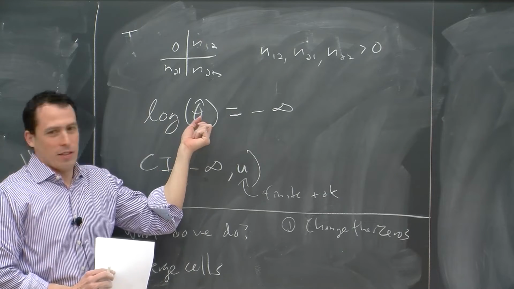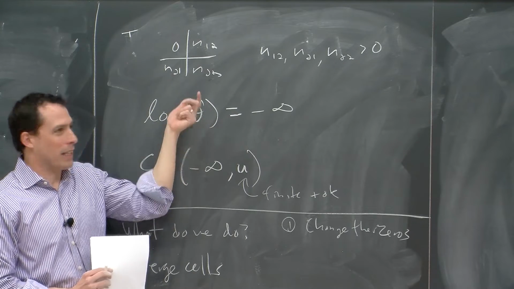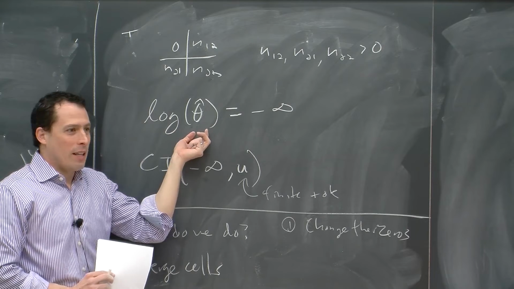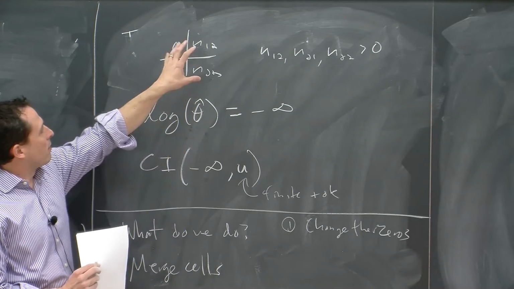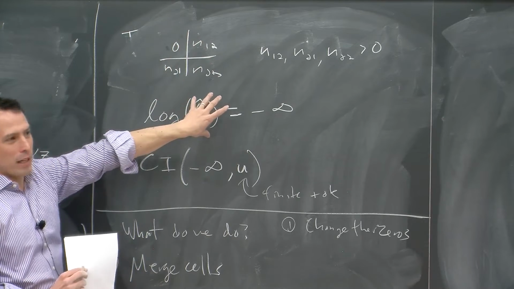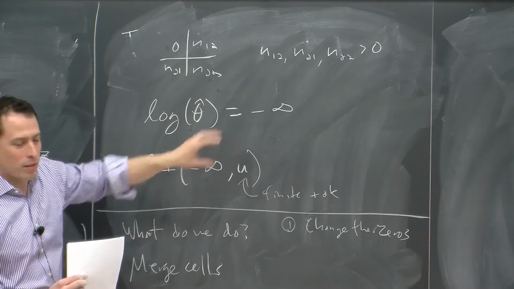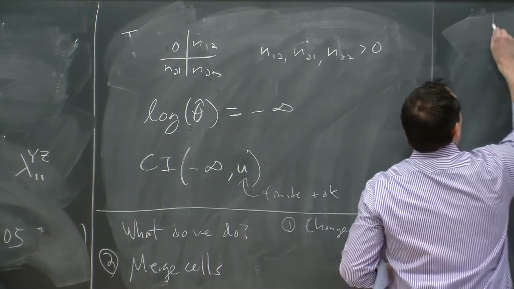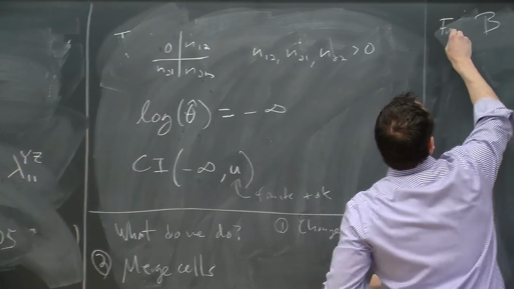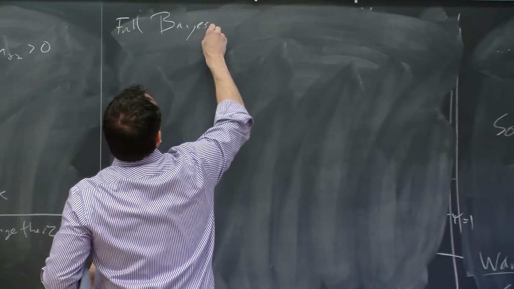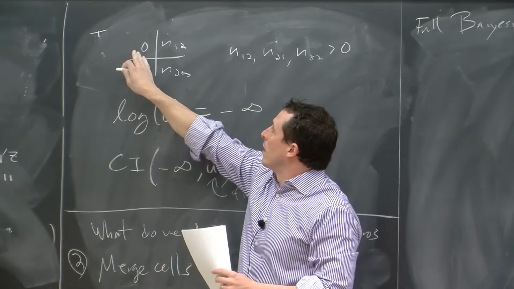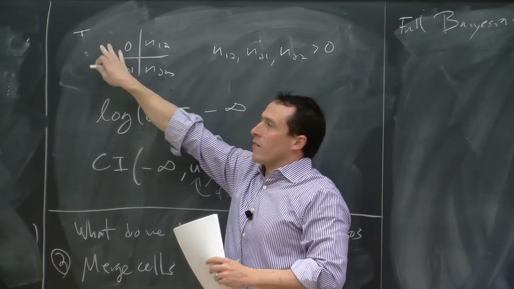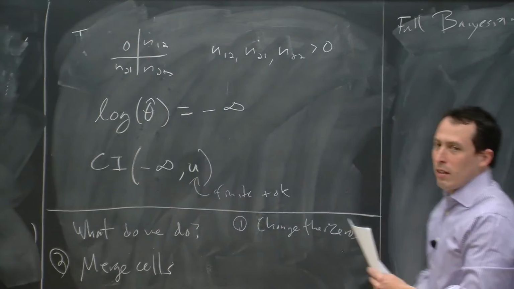Or we could use the shortcut version of the prior, which is to penalize this. We could add another feature to it that mixes what we know about the data and some kind of prior information. We could do that by doing a full Bayesian analysis. Once I have a distribution over this theta, that's like saying, I don't believe this zero 100%.